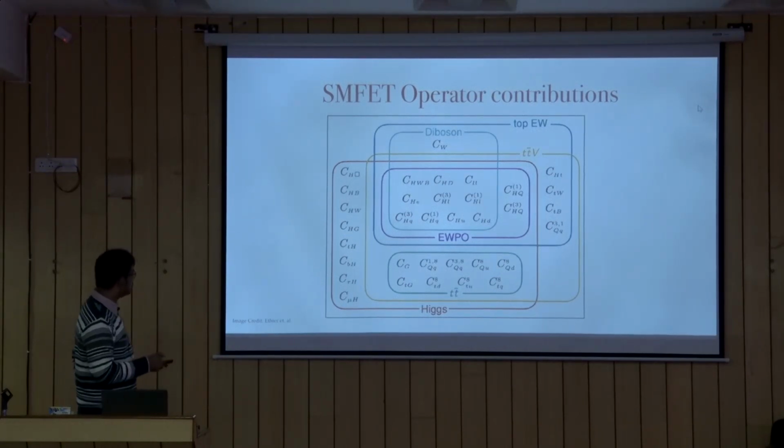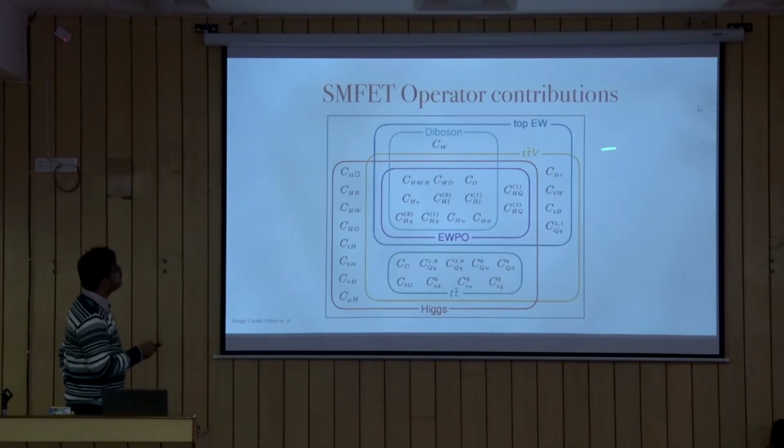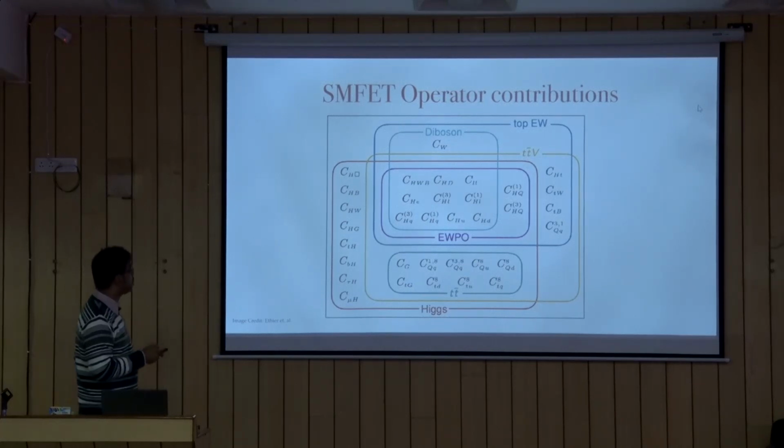This I am actually copying from one of the papers of Maltoni et al. Similarly, you look for diboson production, these operators will come into play. For t t bar vector boson, this set of operators will come into play, and so on and so forth.